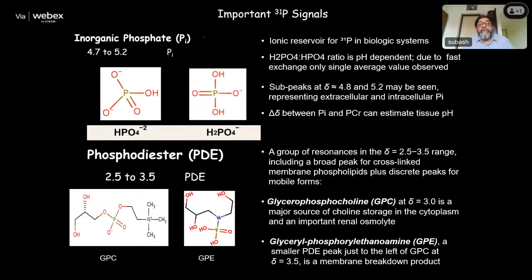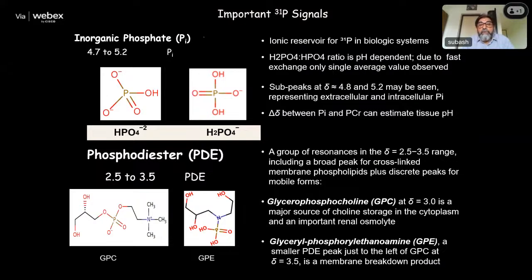Then we have inorganic phosphate, which is called the acid phosphate. These are the ionic reservoir for 31P in biological systems, and there is an exchange between these two components, H2PO4 and HPO4, but you actually measure an average value.